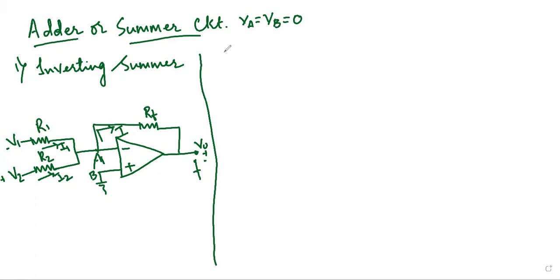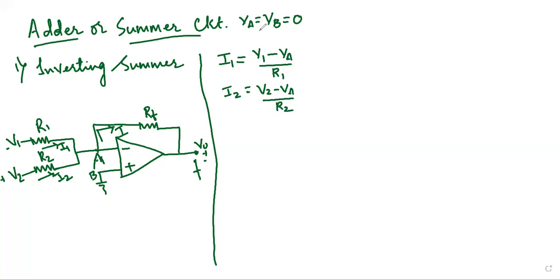Starting at the input side, I1, which is flowing through R1, I can write as I1 equals V1 minus VA divided by R1. And I2 can be written as V2 minus VA divided by R2.